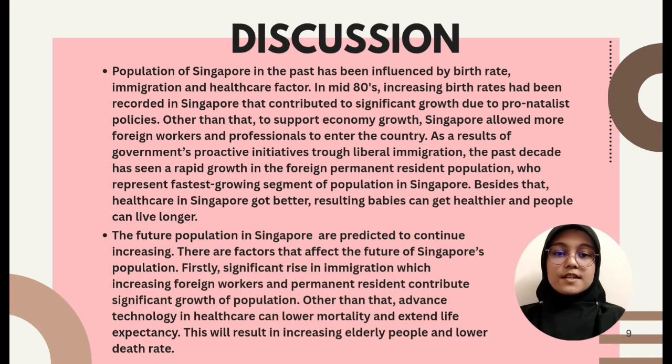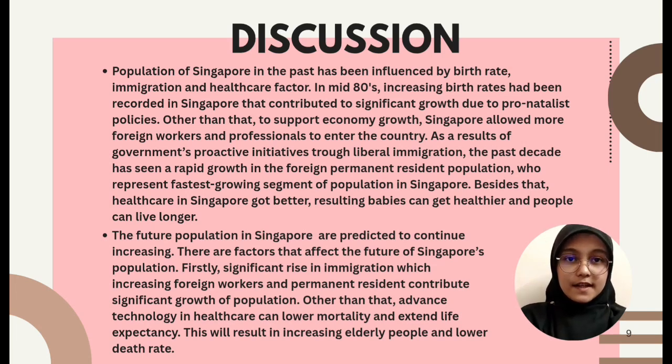Back then, the population in Singapore changed mainly due to these factors: birth rate, immigration, and healthcare. In the mid-80s, an increasing birth rate had been recorded in Singapore that contributed to significant growth due to pro-natalist policies.